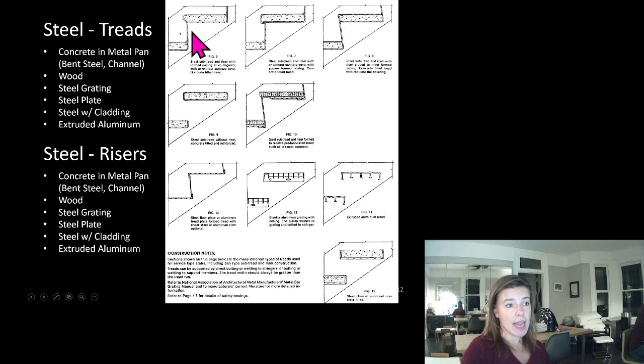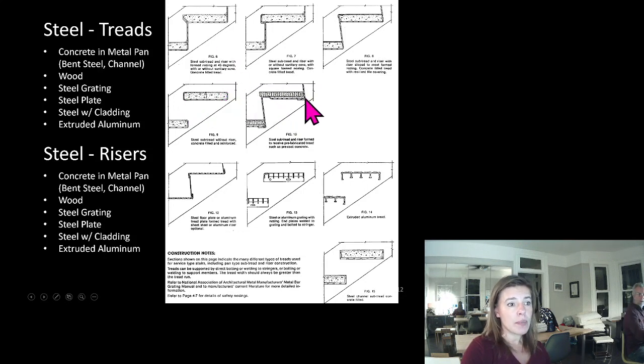So here is actually some images of treads. So steel treads. We can have concrete in a metal pan. So here there is one piece of steel. This one kind of goes up and turns into our riser as well. You can have concrete in a metal pan without a riser.